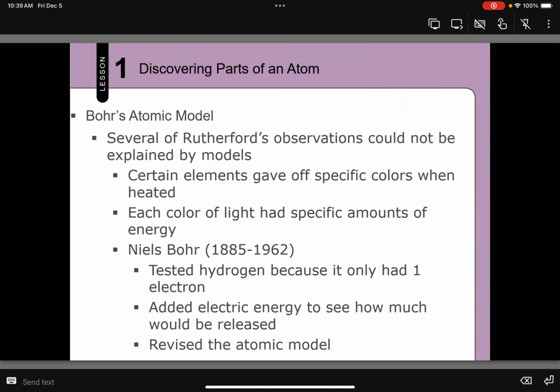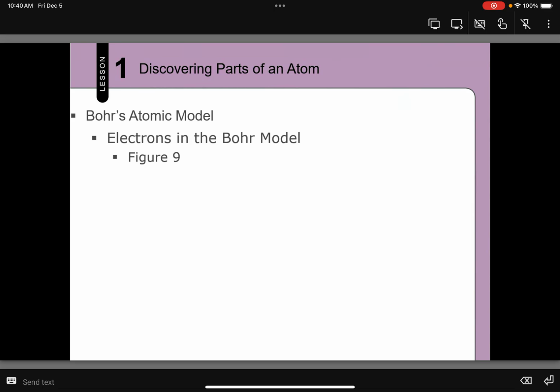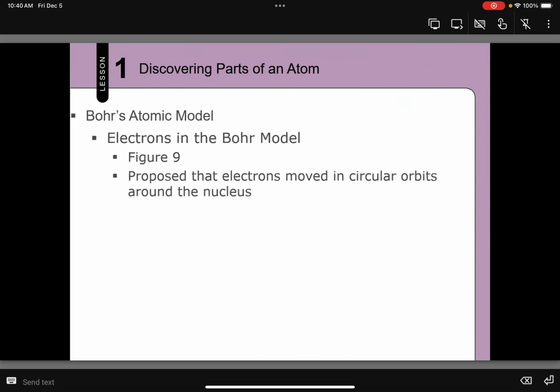He added electrical energy and made the electron move, and when he removed the energy being added, it moved back down in energy level and emitted light.